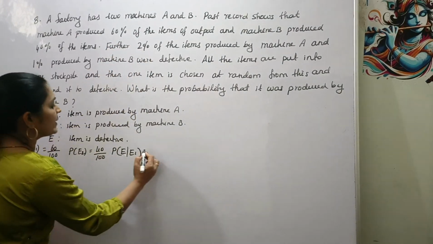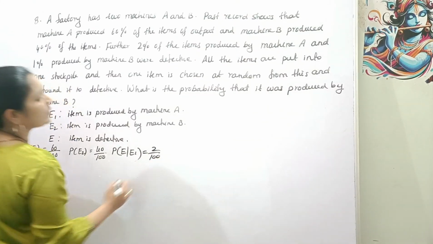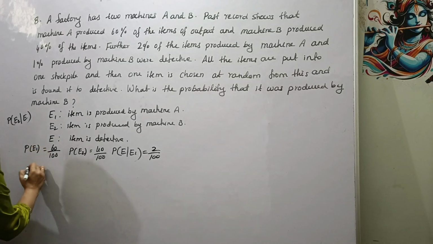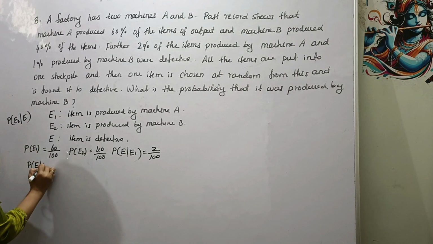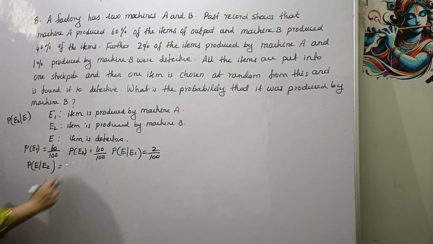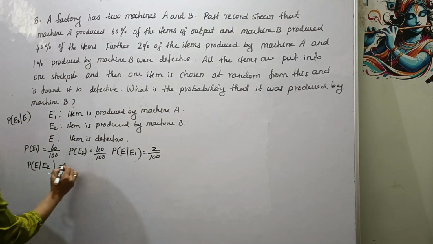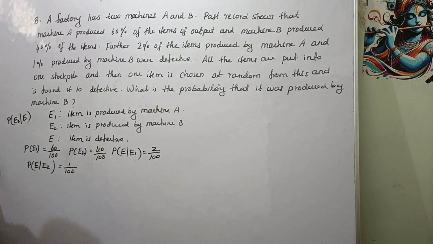Okay, so 2%, that is 2 by 100. Okay, next, probability of E given E2, that is 1%, right? So 1 divided by 100.